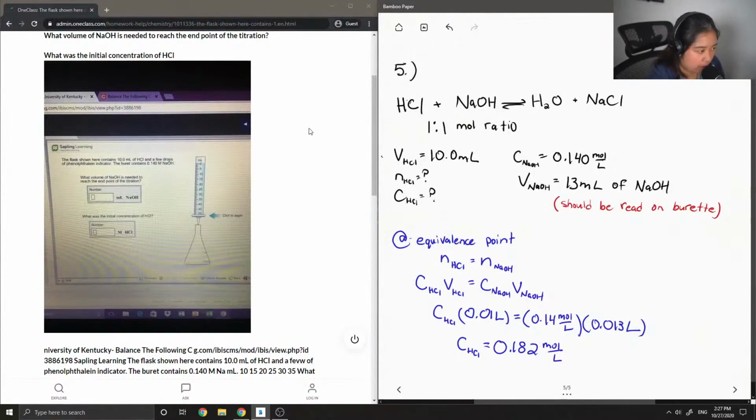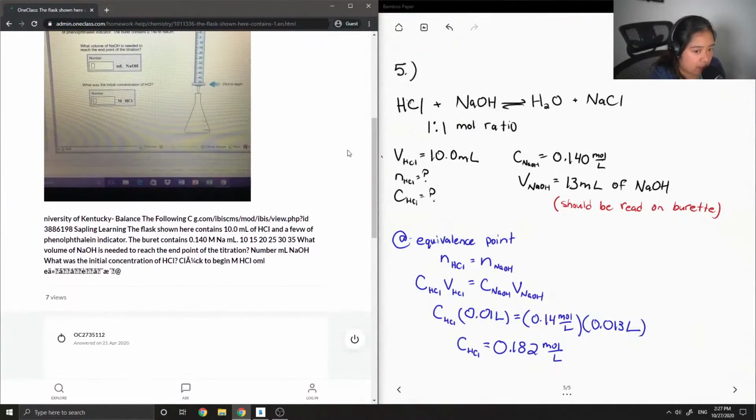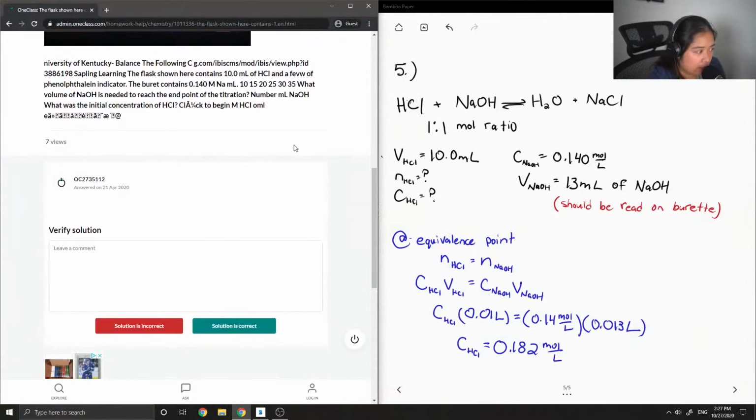So let's see what our junior tutor did. I just said 13 mL because I used to teach this lab, so I just assumed it was 13 mL. So they didn't answer it, probably because they weren't given enough information.